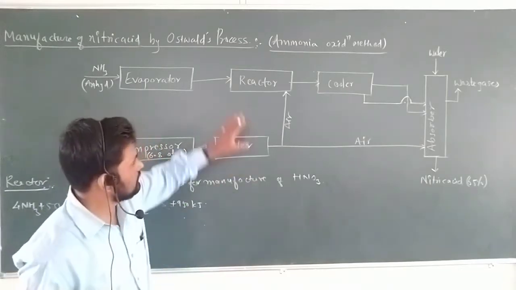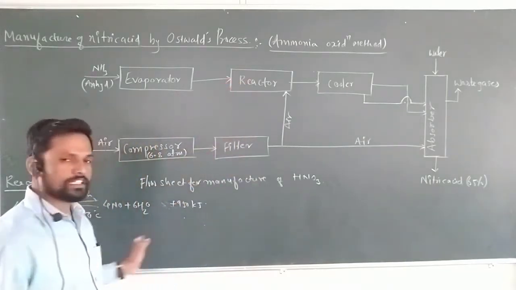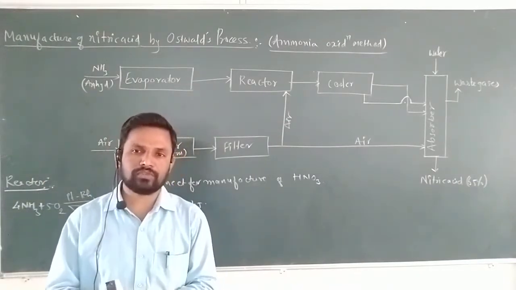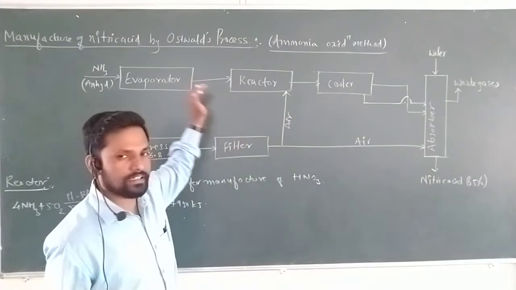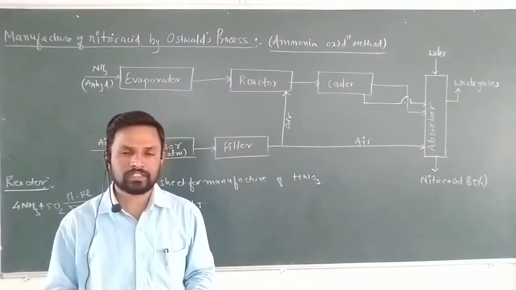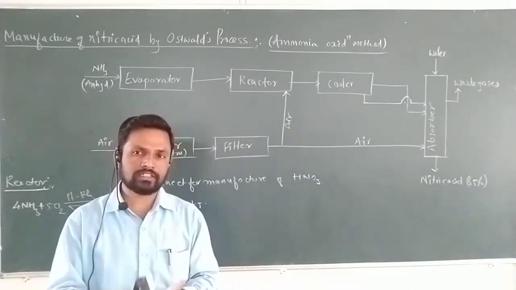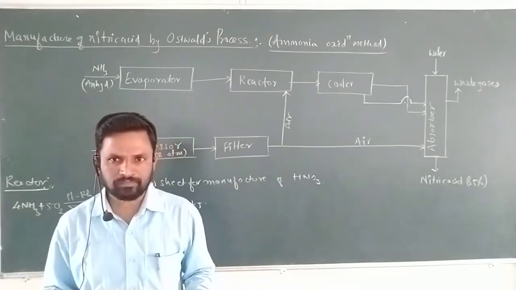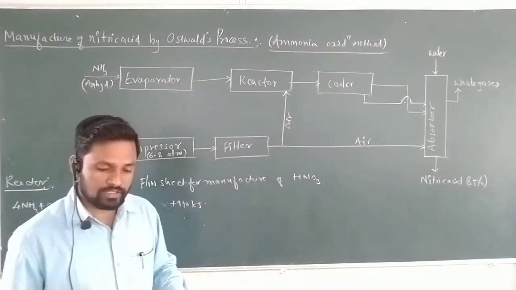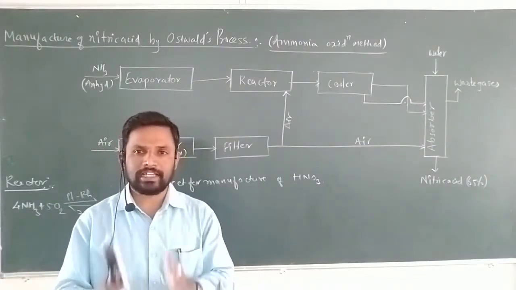This means in the reactor this much condition is maintained, platinum and rhodium catalyst gauzes are situated, and the air and ammonia are passed into the reactor, where the reaction takes place: ammonia and oxygen are converted to nitric oxide with evolution of 950 kilojoules of heat. A large amount of heat is evolved because it is an exothermic reaction.